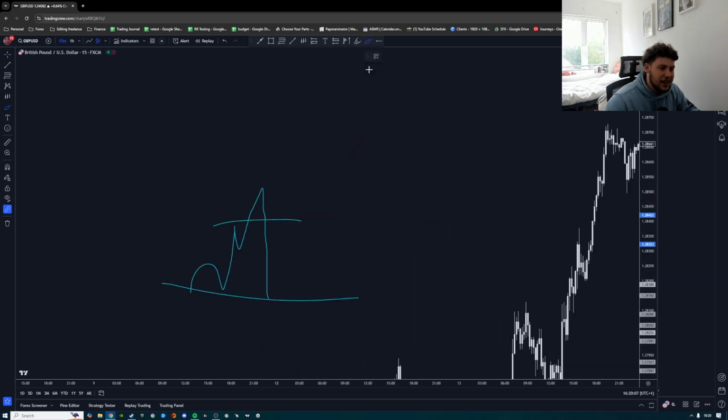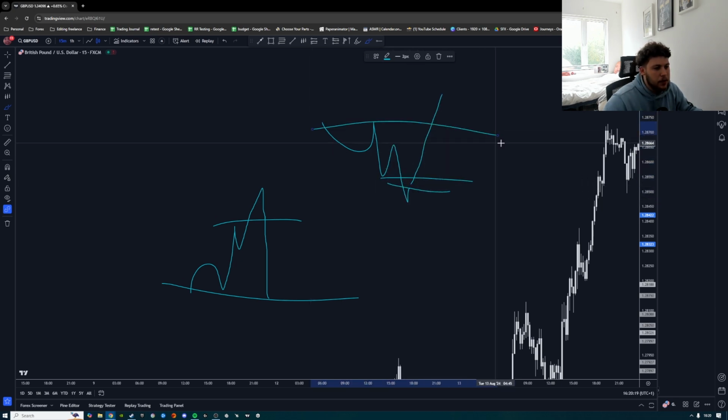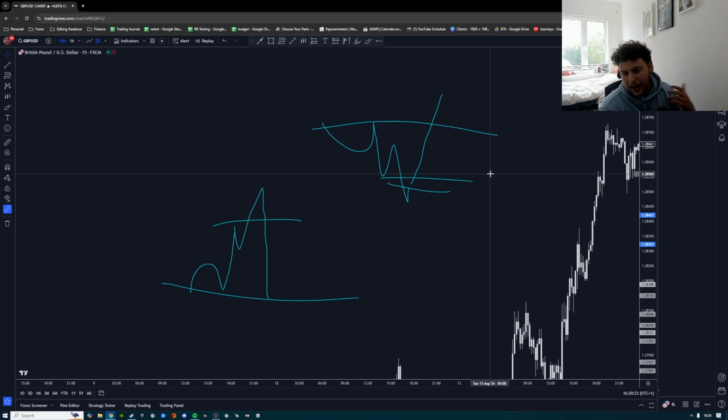And it's the exact same with sells, where you have it like this, and then you try and sell here, and it just comes through to take the double top. So same sort of concept, but you just want to be careful of that so that it doesn't catch you out.